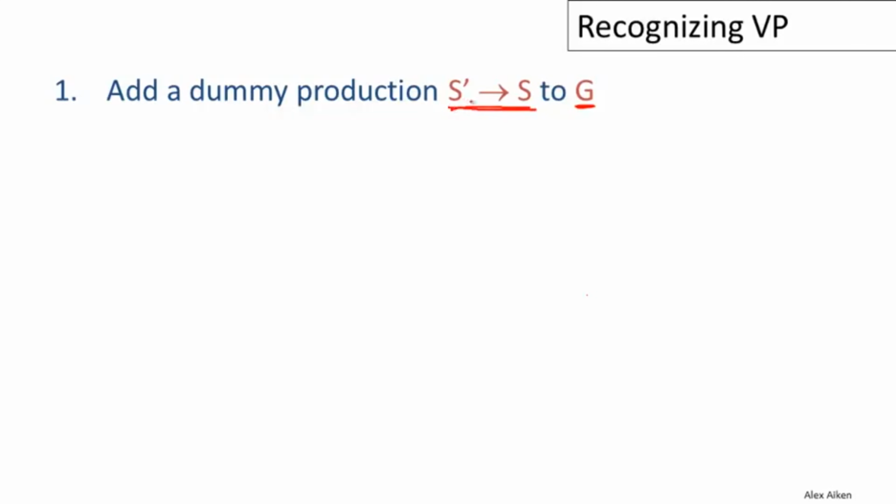And there's just one production for S', S' goes to S. All right, so this just allows us to know exactly where our start symbol is used. In particular, our new start symbol S' is only used in one place, on the left-hand side of this one production. And that just makes things a little bit simpler.